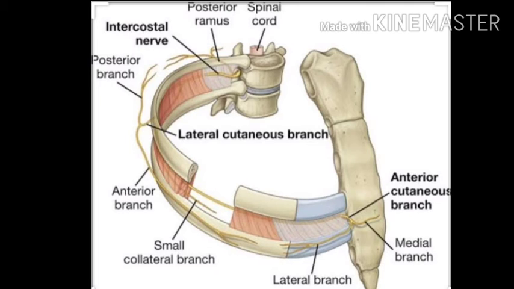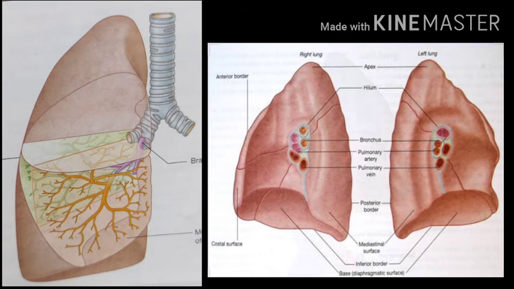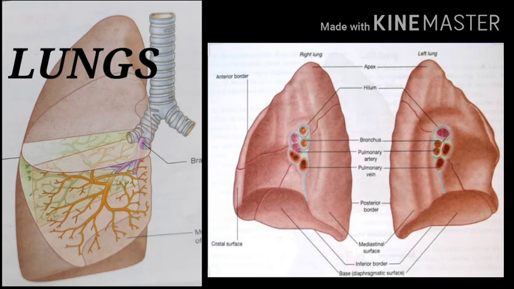The lower intercostal nerves supply muscle, skin, and the peritoneum of the abdominal wall. So, besides supplying the thorax, the intercostal nerve also supplies some part of the abdomen, the arm, and the brachial plexus. Now we will discuss the lungs.